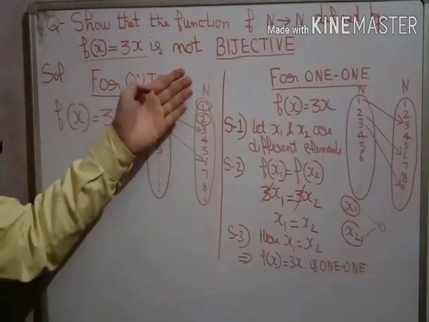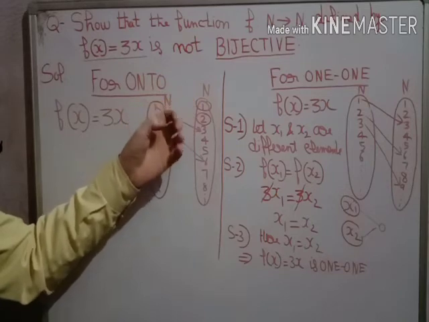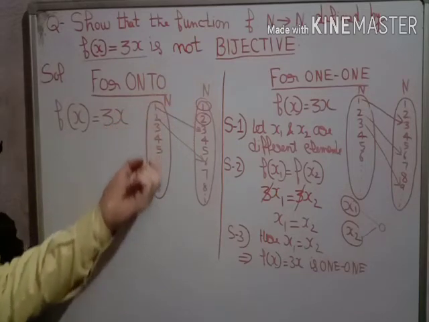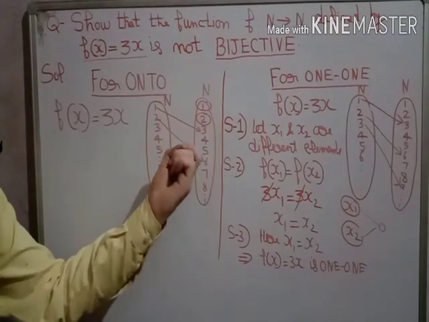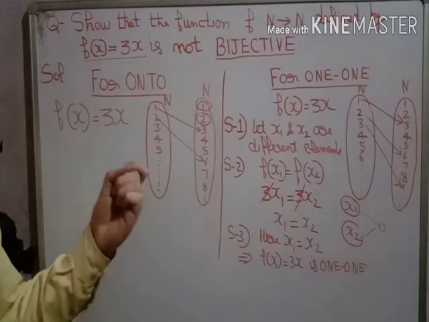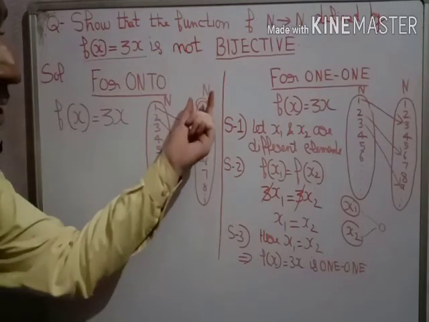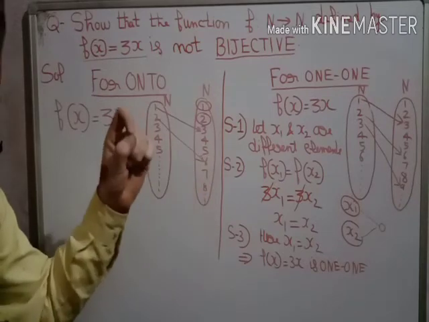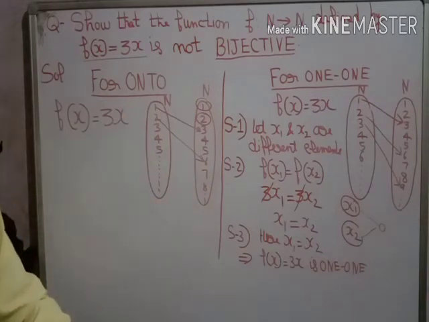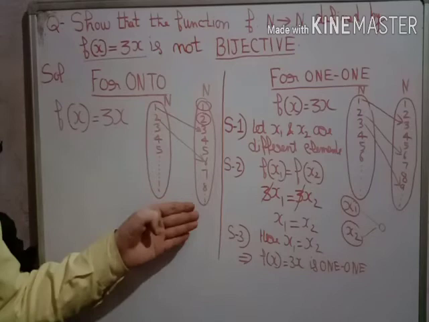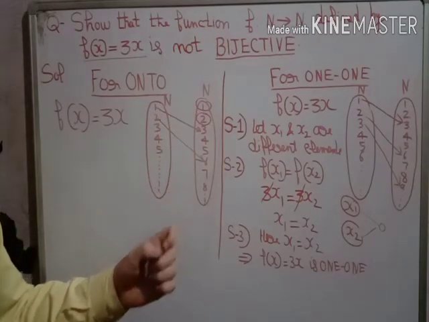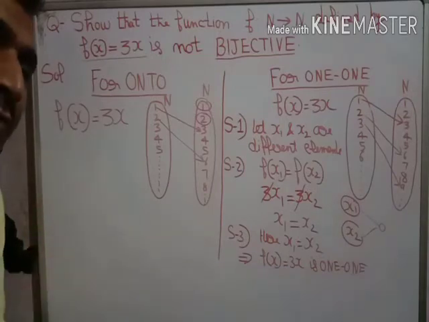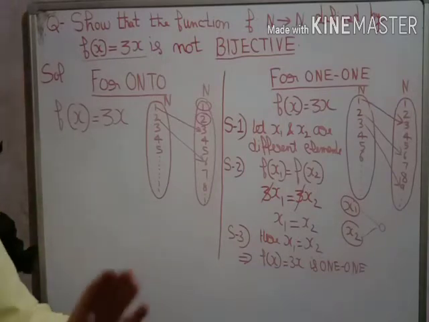And here we can feel many elements are left which are not images of these elements. The function is called onto if every element of the codomain is the image of some element of the domain, that is, all elements in the codomain must be occupied. But there are many elements which are not occupied, like 1, 2, 4, 5. So whenever we have to prove the function is not onto, one example is enough.